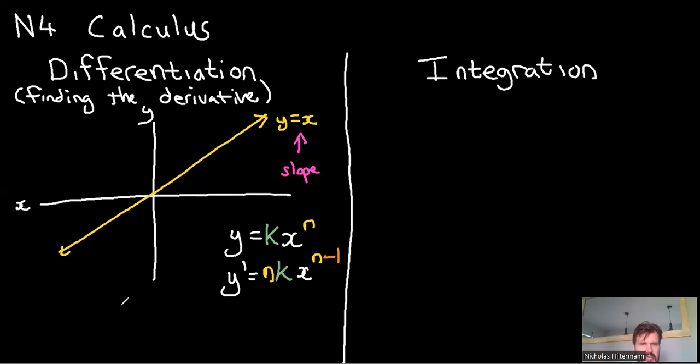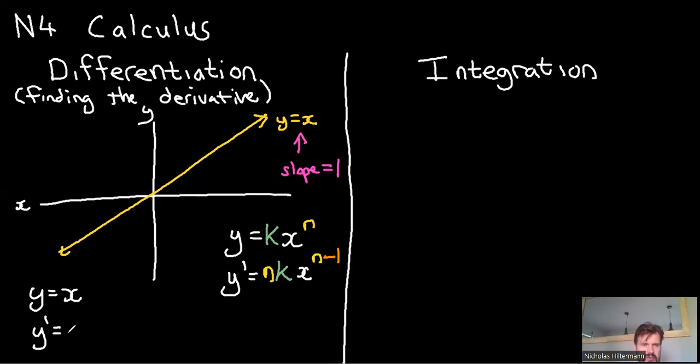I'm gonna do the y equals x. We know the slope is equal to 1. So how does that work when we're doing a derivative? Well, y equals x, so y dash equals, now we've got to know that there's a 1. There's a ghost 1. X is x to the 1 by default.